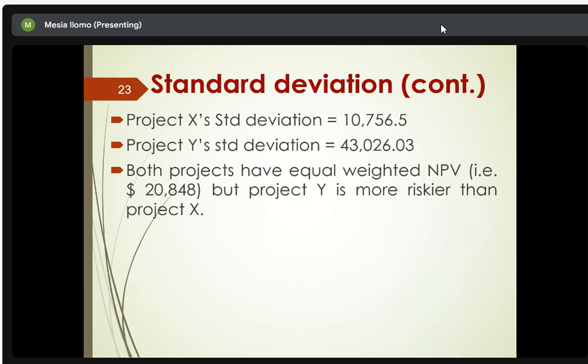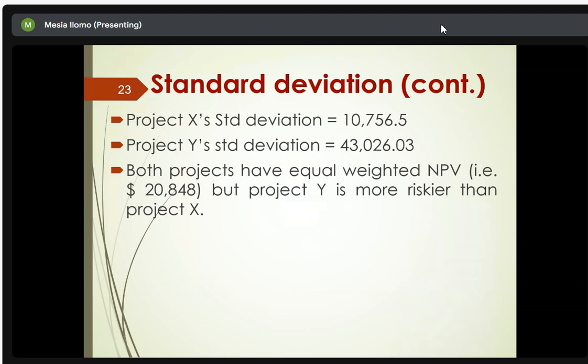That matches what I said. Depending on the NPV would be difficult, because you saw the expected value of NPV for both projects was 20,848. So deciding on the NPV or sensitivity analysis was a bit difficult.